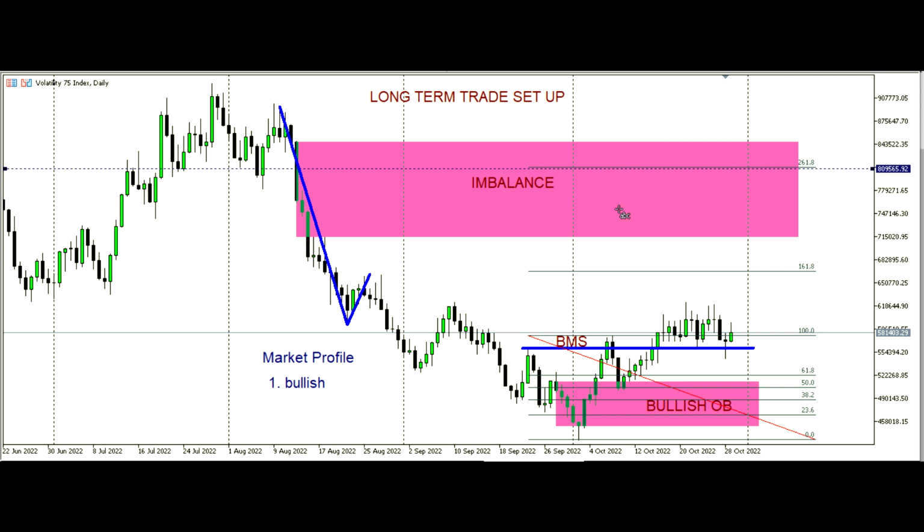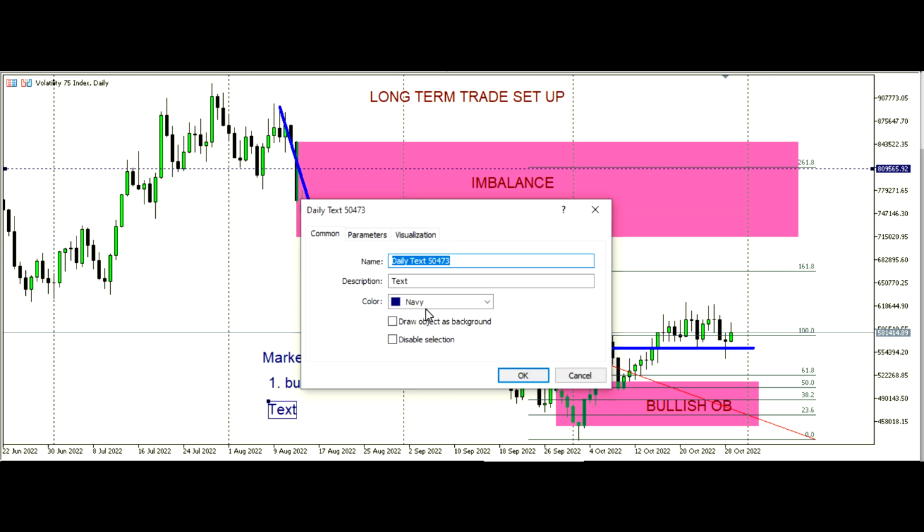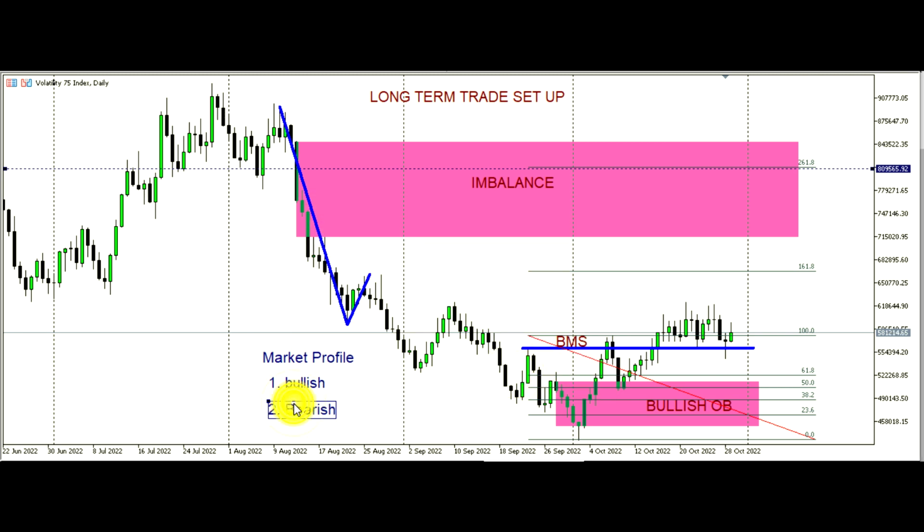This is for a position trader; you don't need a lot of things. For a position trader, these are the things you should be looking for. Either the market is bullish or bearish. The profile we have here is actually a bearish market.